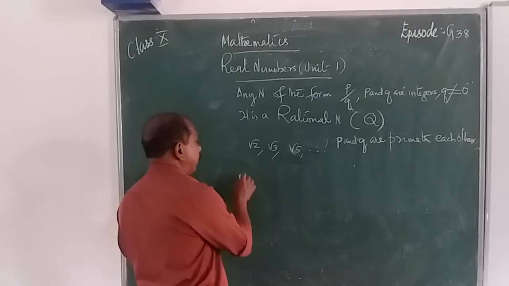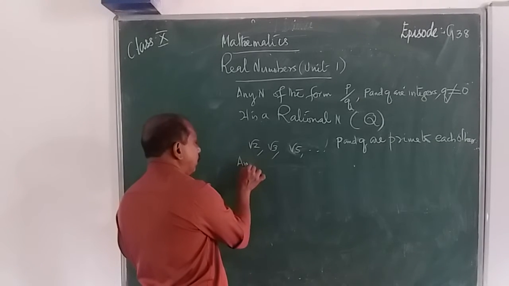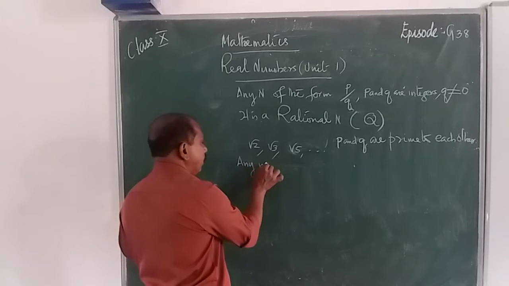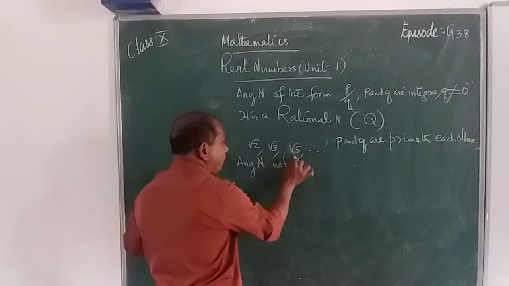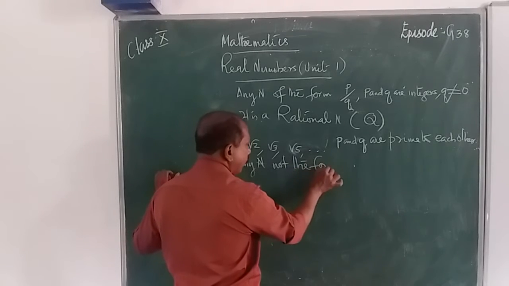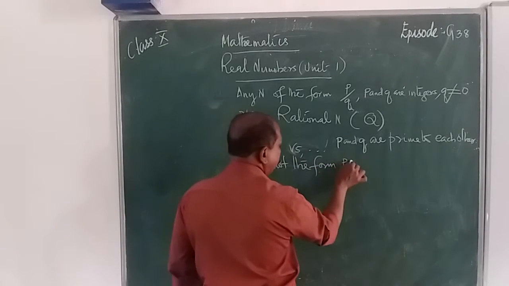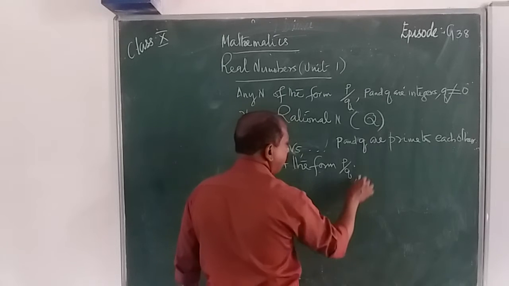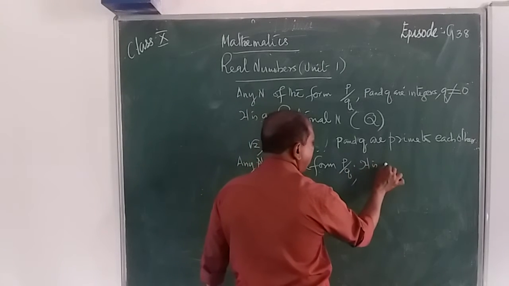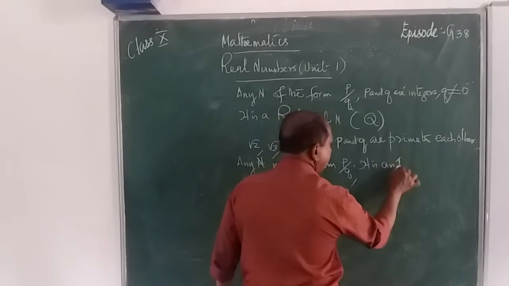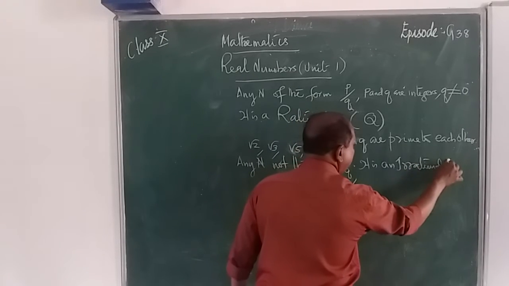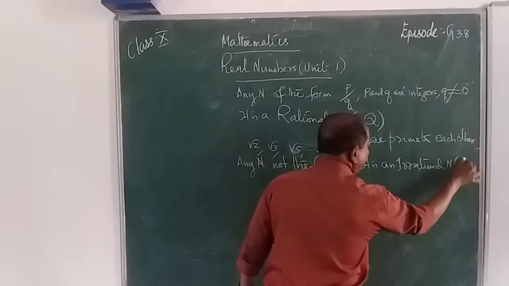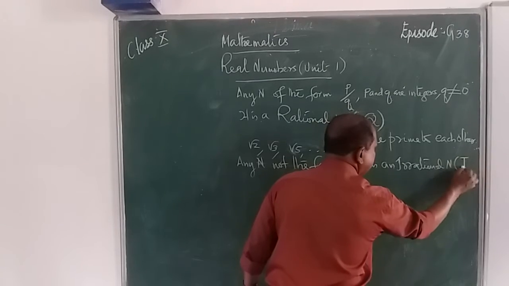They are irrational. That means any number not of the form p by q is an irrational number. The notation for an irrational number is capital I.